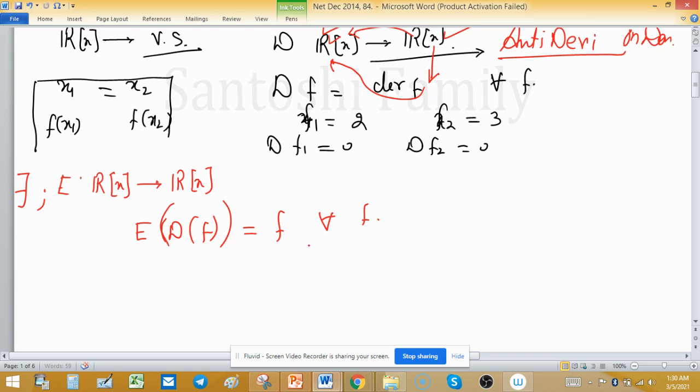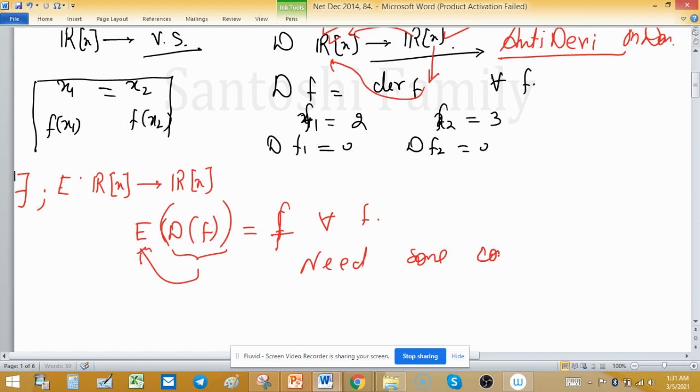So suppose f is any polynomial, then this is the input for E. So the derivative of f is the input. Then when we apply E, it is nothing but the antiderivative, because it makes f the same. So when we take the derivative of an input and then integrate it, after integration we will need to add some constant.